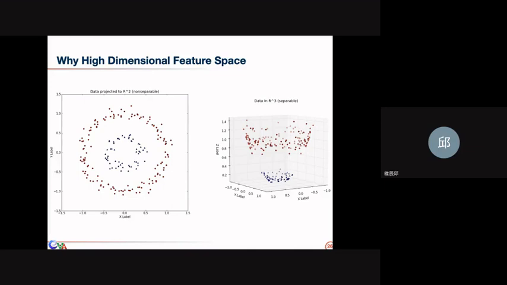Under that consideration, we would like to put most of the complexity onto the feature representations, such that I can have the possibility to use a simpler model.